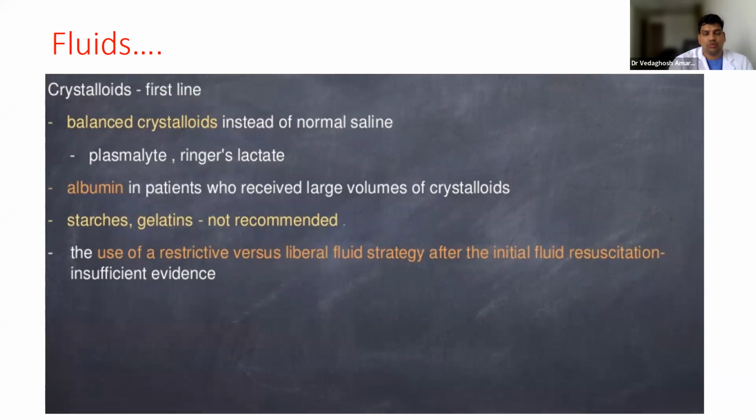But albumin is definitely not a first line fluid in septic shock patients. So remember, balanced crystalloids are the first choice of fluids in the ICU. Albumin always comes after a certain point, when the patient is being overloaded. Even then, albumin can be given only for certain indications, but the first line of choice is always balanced crystalloids.